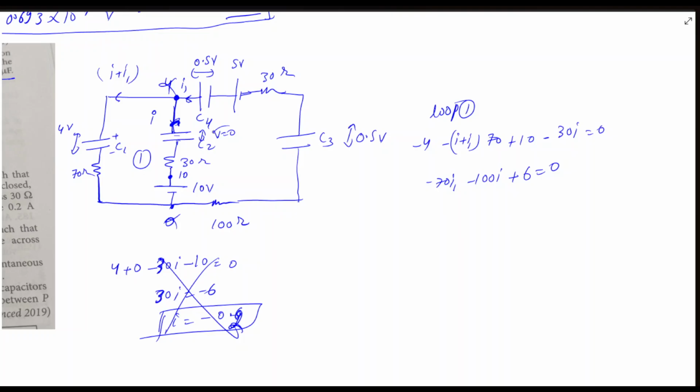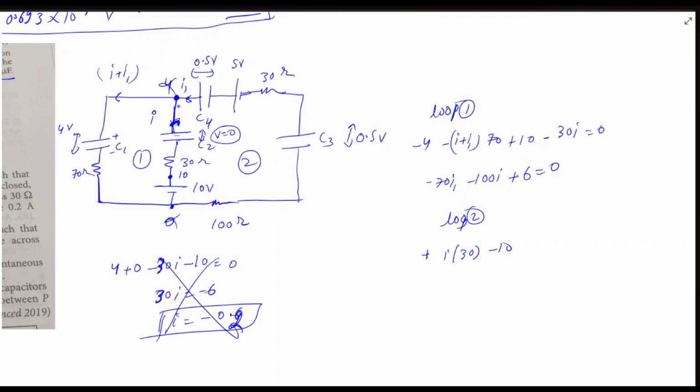So there will be no potential difference here. So let's use loop 2 now. Leave it. So loop 2. Let's go with loop 2 in the anti-clockwise, starting from here. So 0, this will be plus I into 30 minus 10.